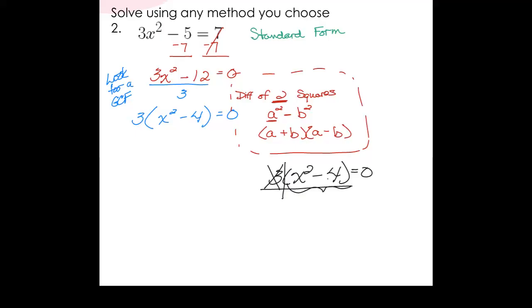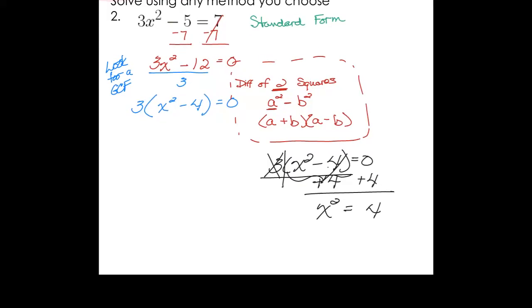So if I do that, add 4, and you get x squared is equal to 4. If you take the square root here of both of these, taking the square root of anything that is squared gives you that base.